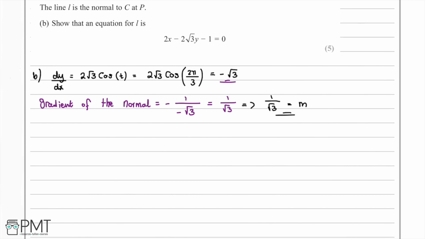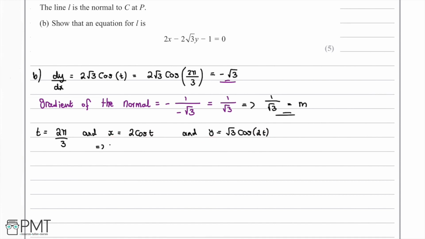So the next thing to do is we recall that t is given as 2 pi over 3. And we know from the question that x is equal to 2 cos t, and y is equal to root 3 cos 2t. So what we can now do is take this value for t and substitute it into our two equations. And this will give us an x coordinate and a y coordinate.